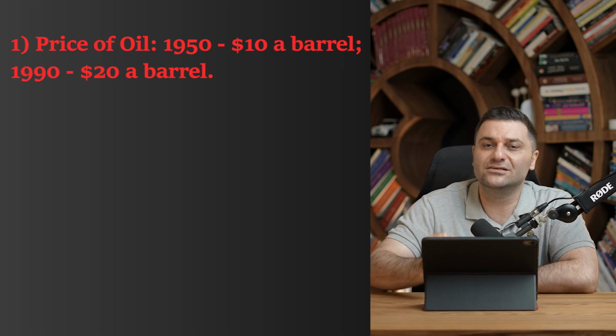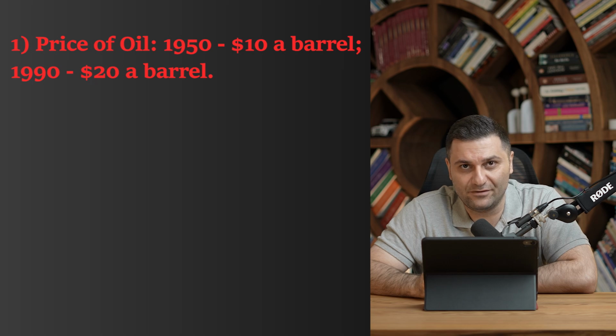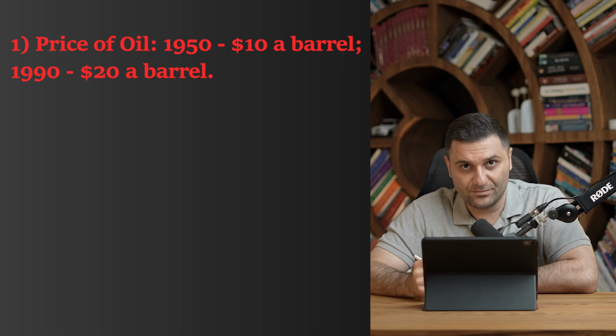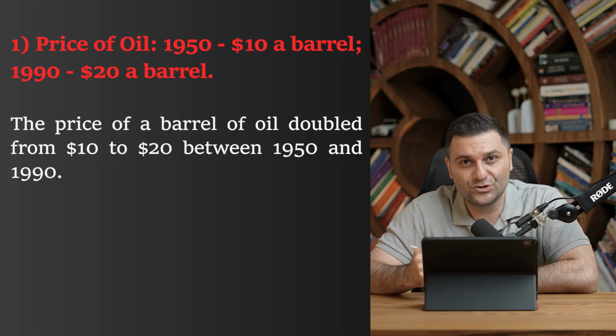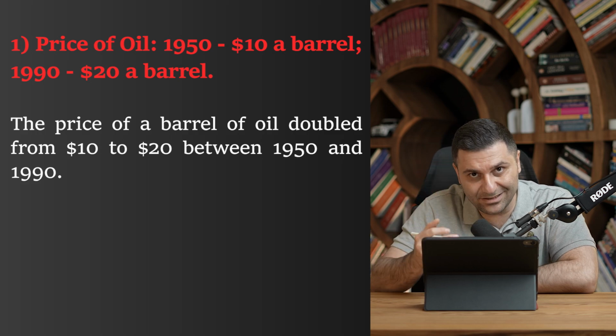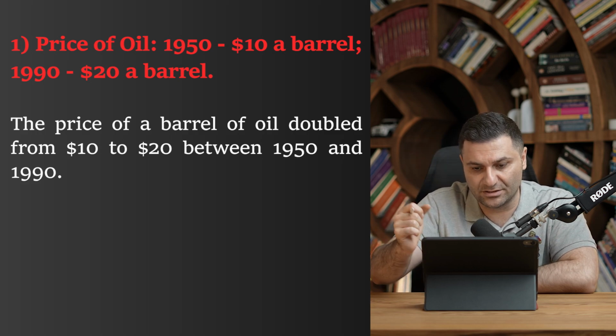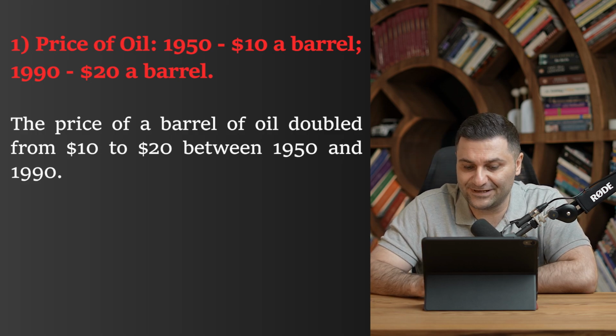How can you make a sentence out of this data? Of course, the price doubled, right? So we can make a sentence like this: the price of a barrel of oil doubled from $10 to $20 between 1950 and 1990.